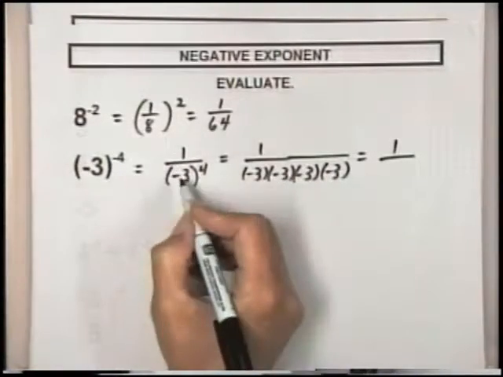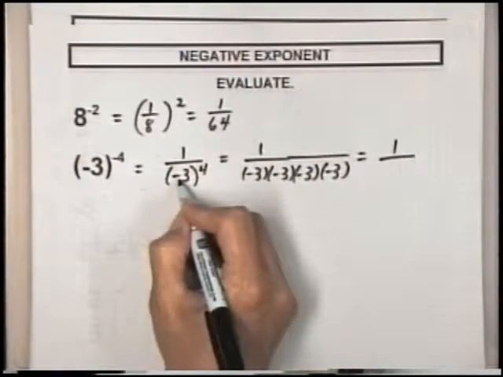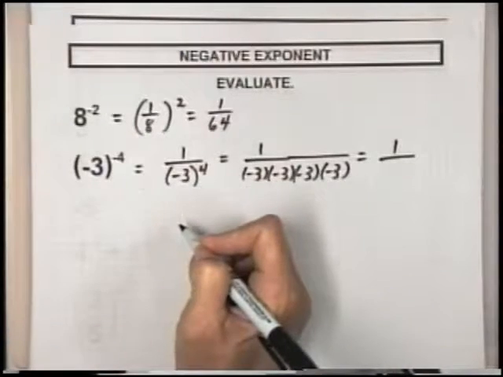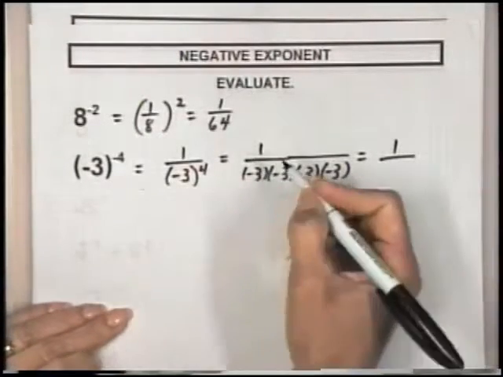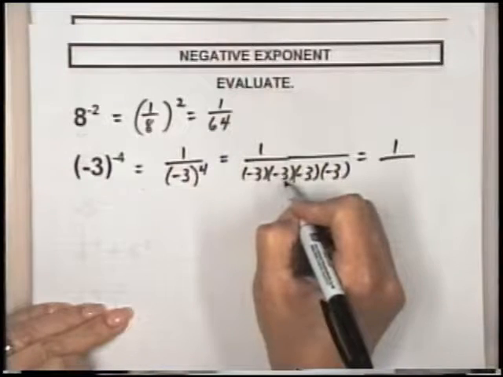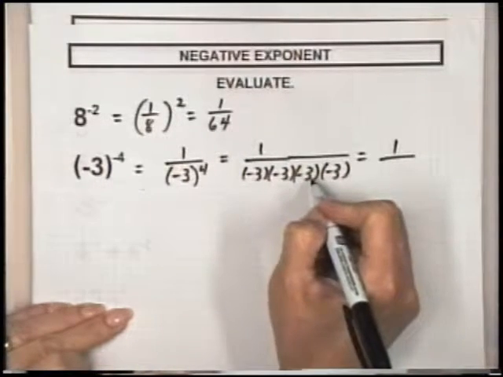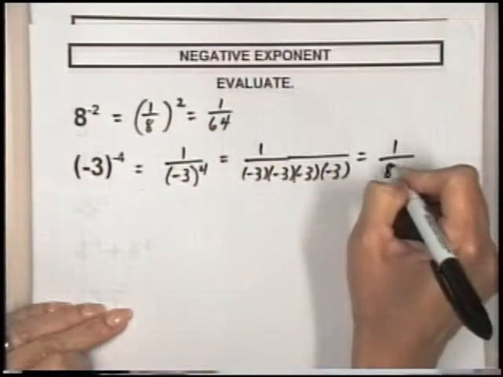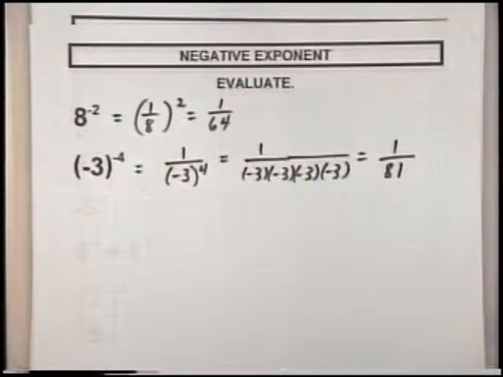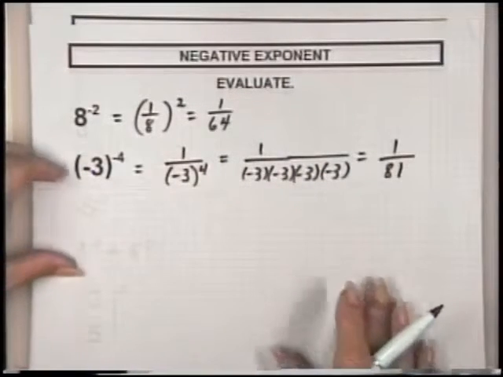Well, let's get the sign first. Anytime I raise a negative number to an even power, then the result is positive. And then 3 times 3 is 9. 9 times 3 is 27. And 27 times 3 would give me 81. So my answer is 1 over 81.